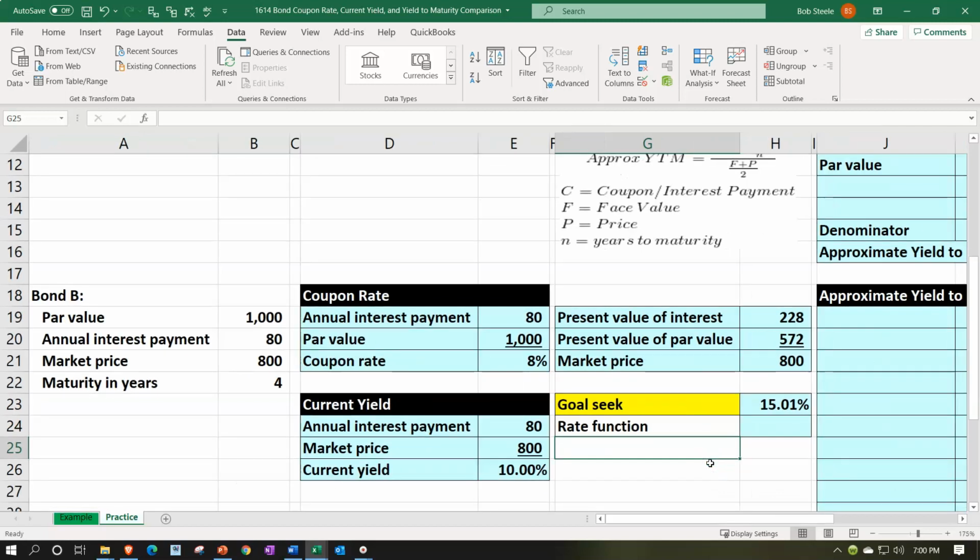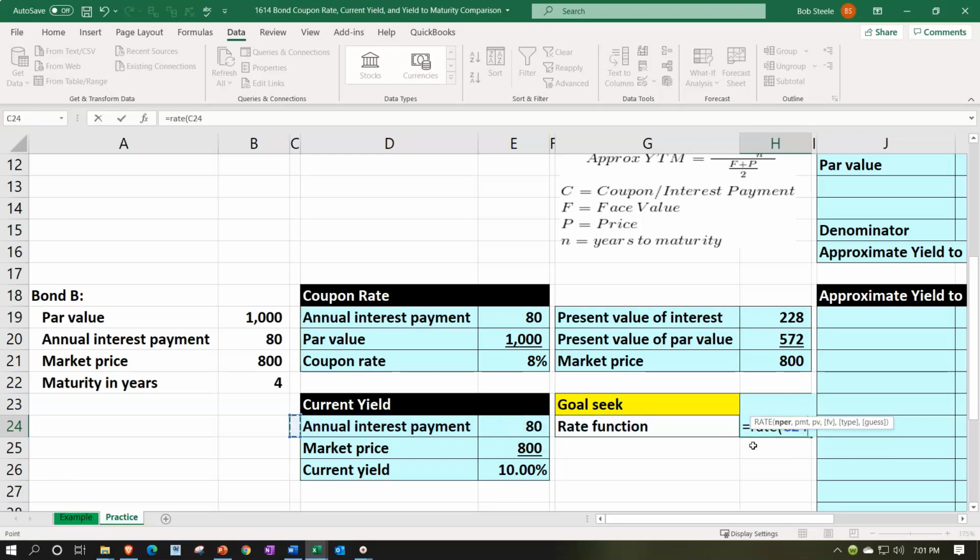So now we could also do it with the rate function down here, equals the rate, shift 9. The number of periods is going to be 4, comma, the payment has to be negative, payment of the 80, comma, present value is the 800 market price, comma, future value is negative at the 1,000, comma, and you're going to do it end of period with the 0 indicating that.